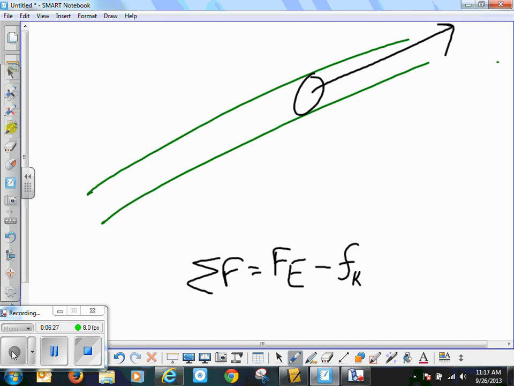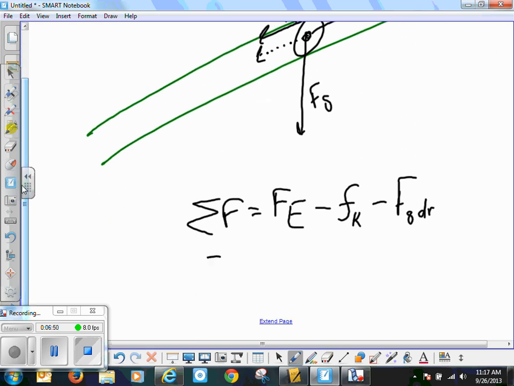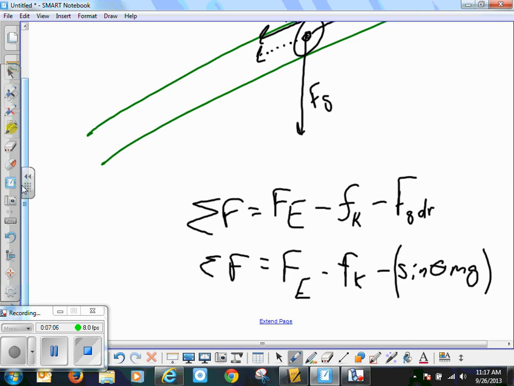And then we're also going to have minus the force of gravity down the ramp, and we would then rewrite this as a summation of forces equals the force of the explosion minus the force of friction minus sine theta mg.